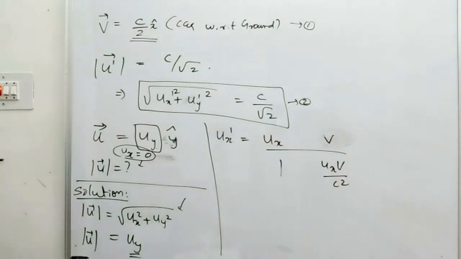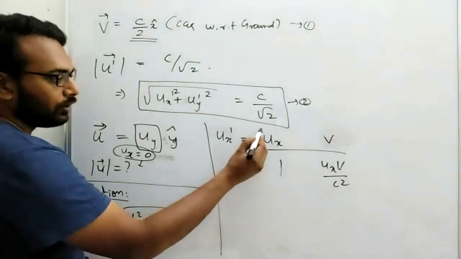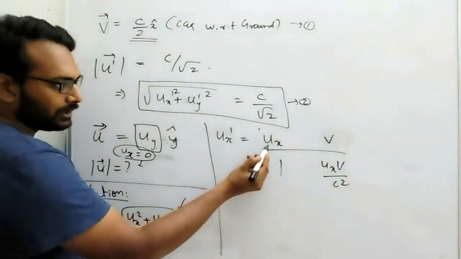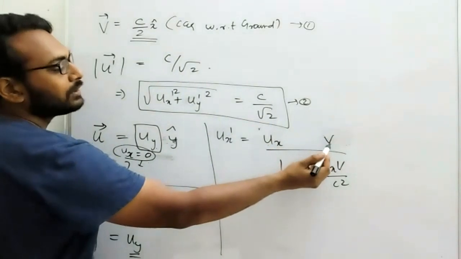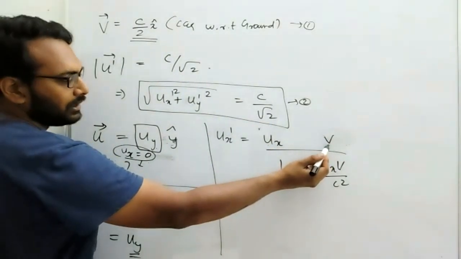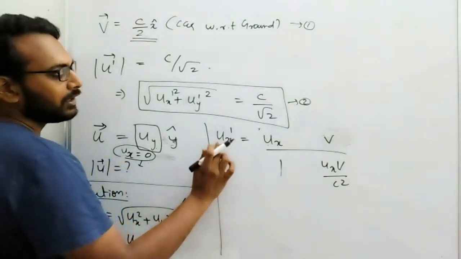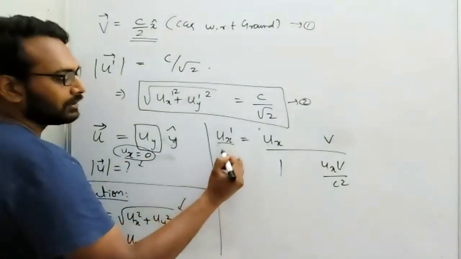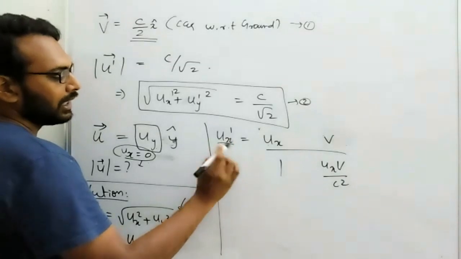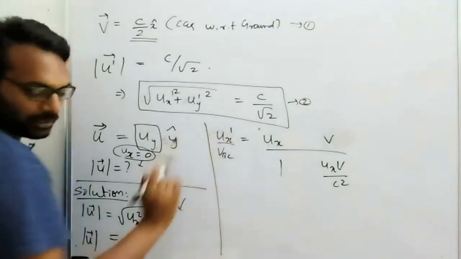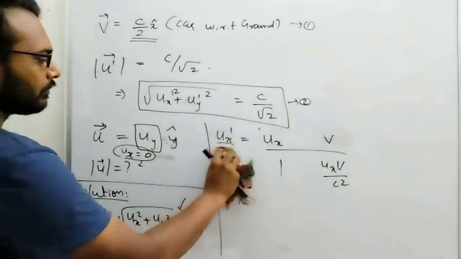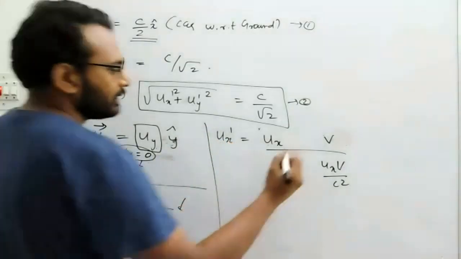Ux is the velocity of the ball with respect to the ground. V is the velocity of the car with respect to ground. And ux prime is the velocity of the ball with respect to the car. So whether it's a plus or a minus? Minus. Correct. It's a minus sign.